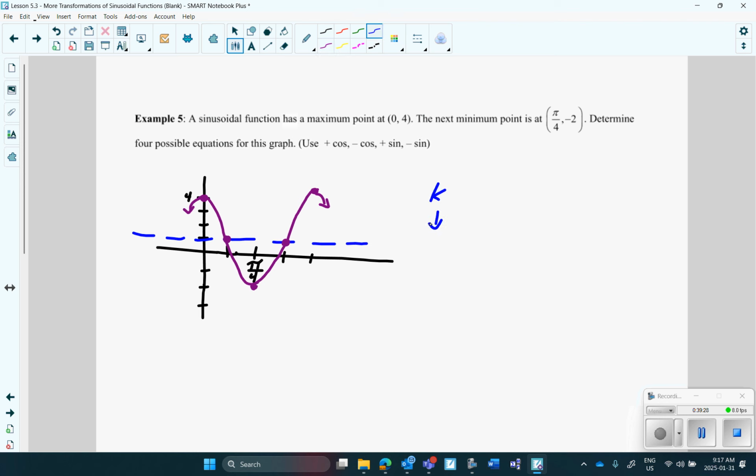So K is, what's K? 1. A is 3. B. Well, one period, I see a cosine here.